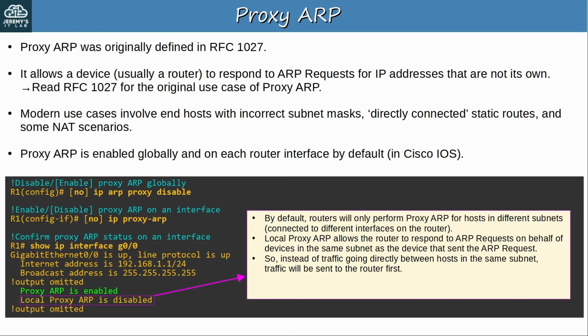This means that instead of traffic going directly between hosts in the same subnet, traffic will be sent to the router first. I won't get into local Proxy ARP or its use cases in this video, but feel free to Google for it if you're curious. And if you want to enable it on an interface, the command is "ip local-proxy-arp". Anyway, now let's look at a couple uses for Proxy ARP.